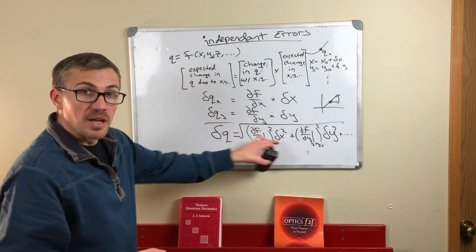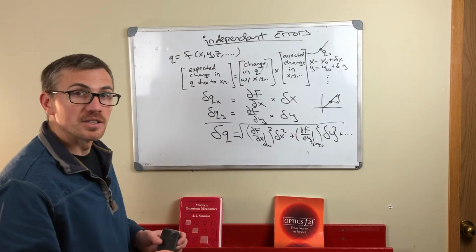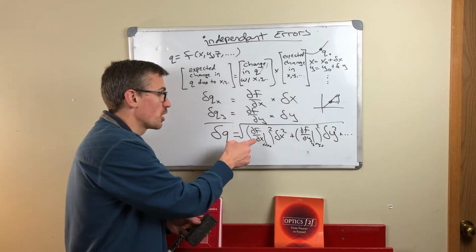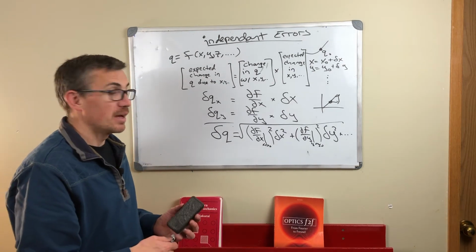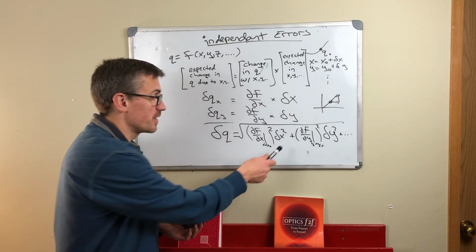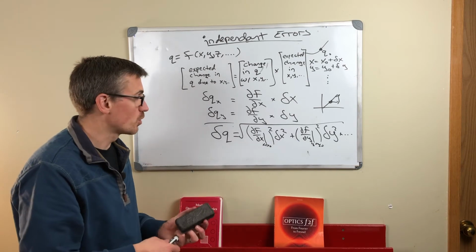Okay, and this is the general rule for propagating uncertainties. We take the partial derivative of the function with respect to that parameter, multiplied by the uncertainty in that parameter, and we add them all up in quadrature.